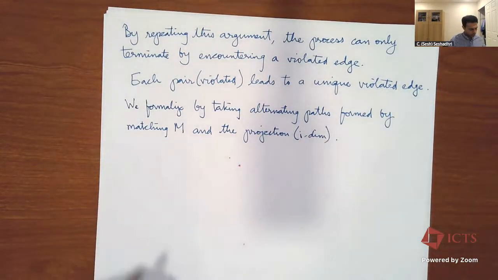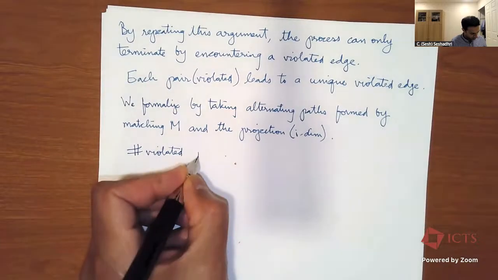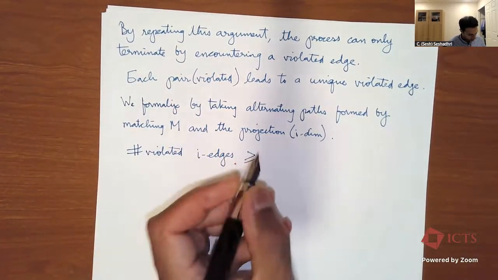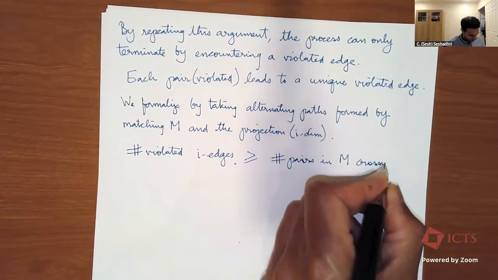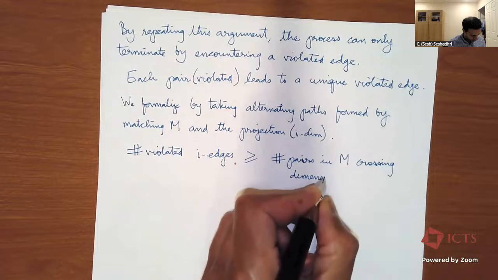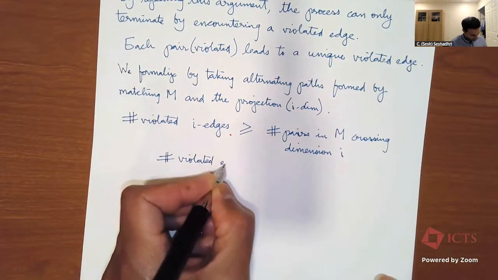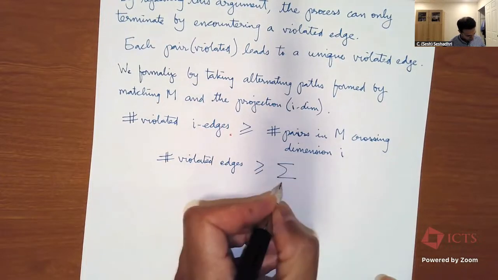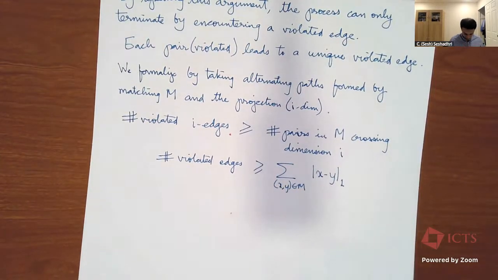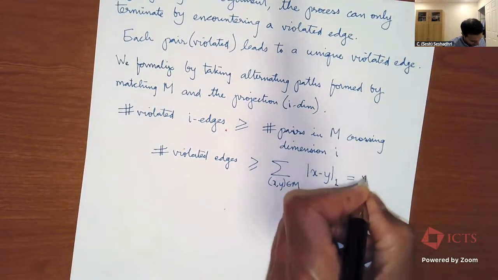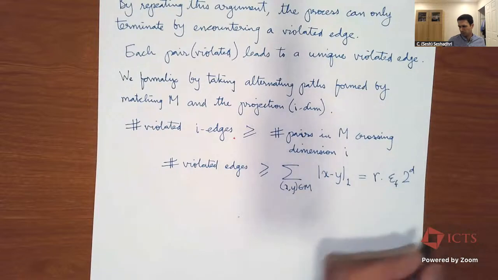When you do this formalization, what you get is that the number of violated I edges is at least the number of pairs in M crossing dimension I. And so the total number of violated edges is at least the sum over all x, y in M of the Hamming distance between them, and this is exactly r times epsilon f times 2 to the d, up to a constant.